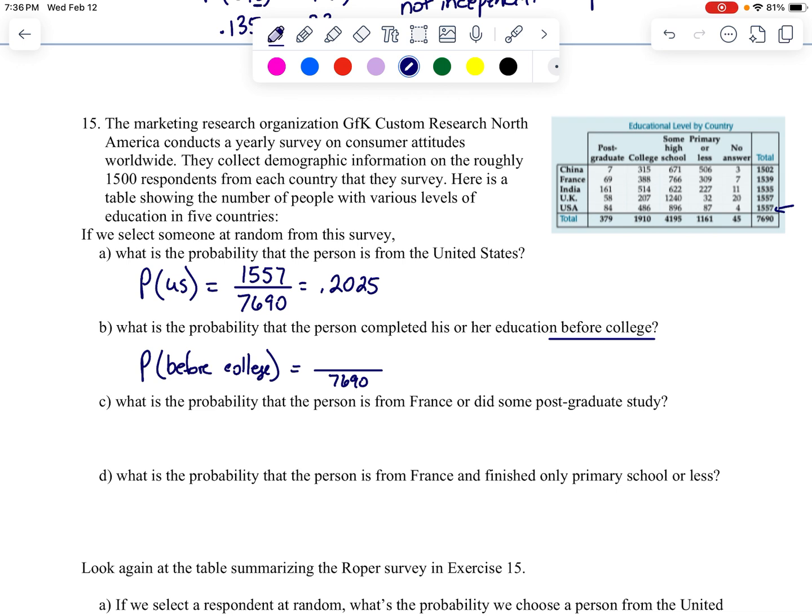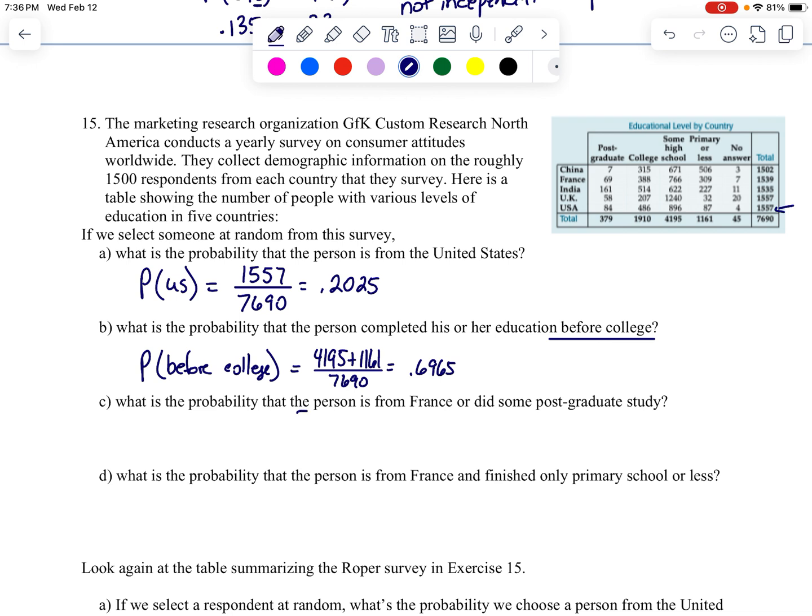So before college is going to be high school or less, and then no answer. We're going to work with these 2 numbers down here. We're going to take 4195 and 1161. So if we do that, we're going to get 6965.